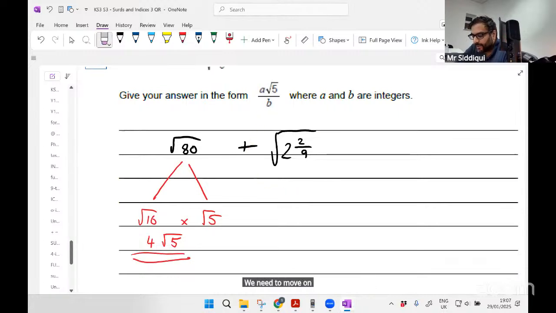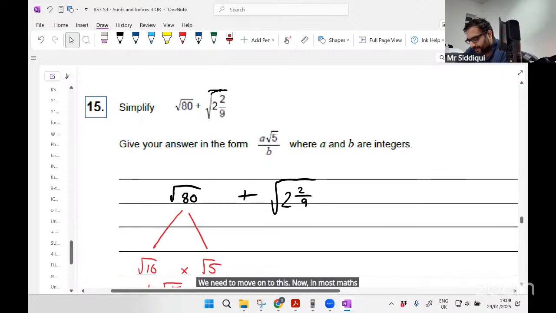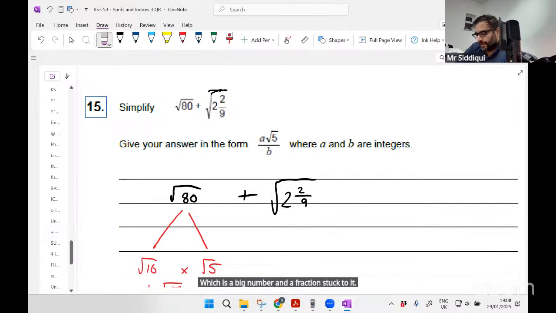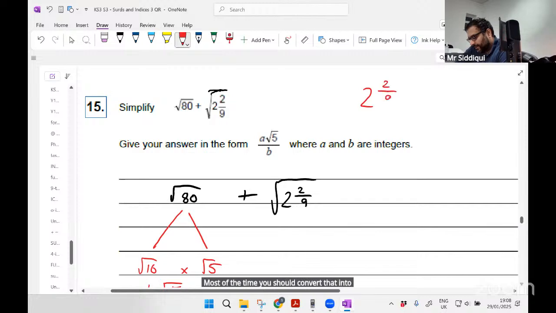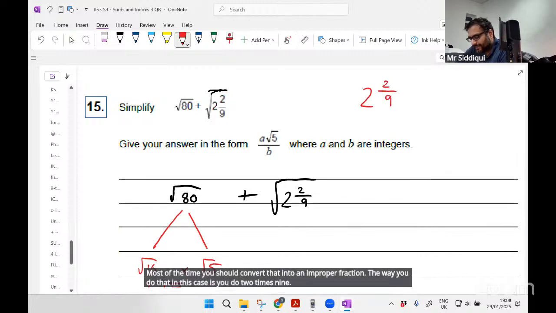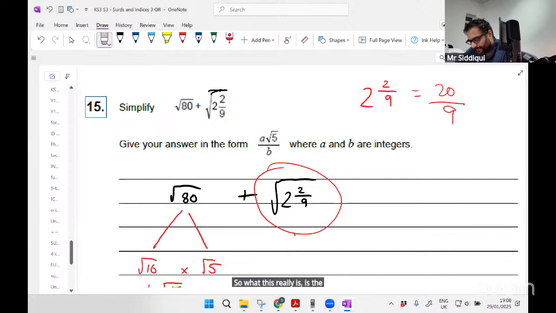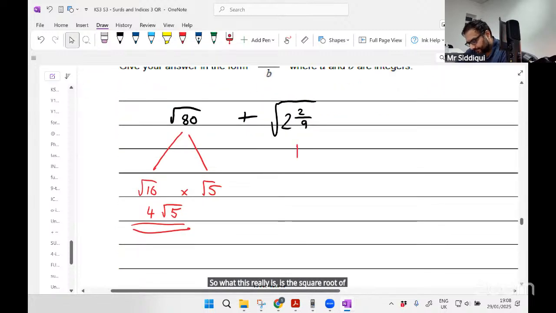Now, in most maths questions, when you have a mixed number, which is a big number and a fraction stuck to it, most of the time you should convert that into an improper fraction. The way you do that in this case is you do 2 times 9, which is 18, plus the 2 to get 20, and it becomes 20 over 9. So what this really is the square root of 20 over 9.